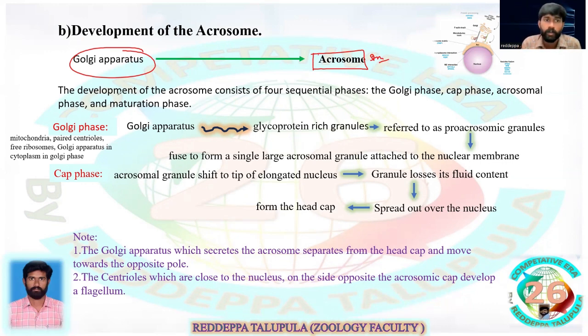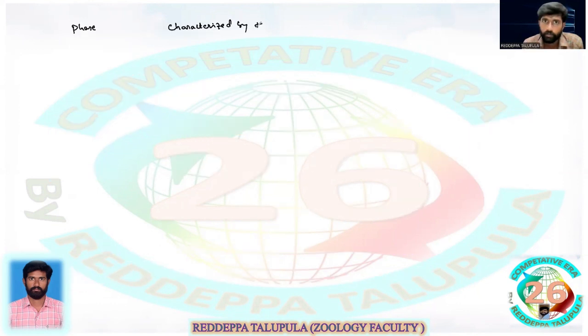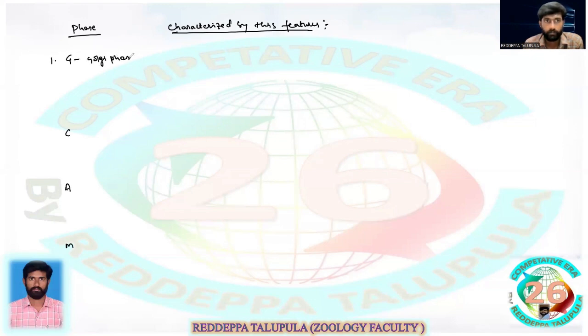The development of the acrosome contains four sequential phases, G-CAM as a short notation: G for Golgi phase, C for cap phase, A for acrosomal phase, M for maturation phase. First phase, G stands for Golgi phase.